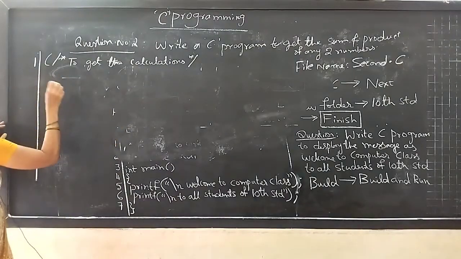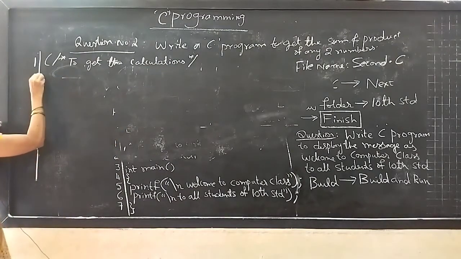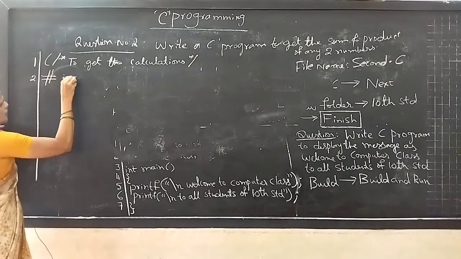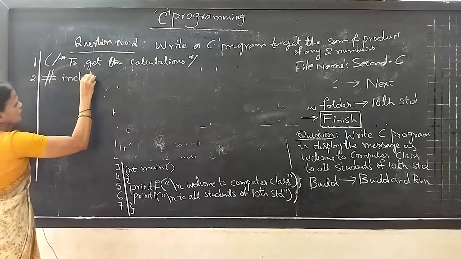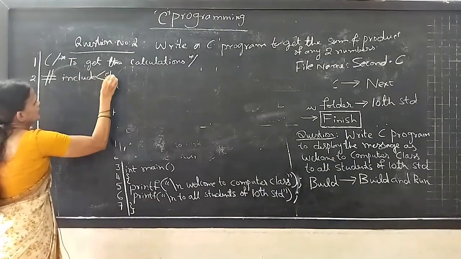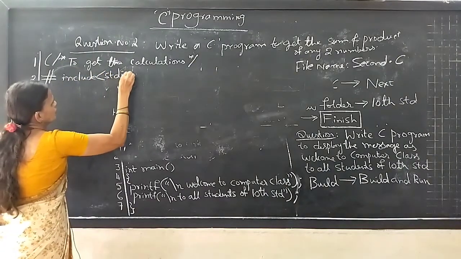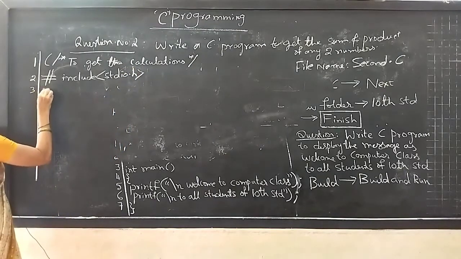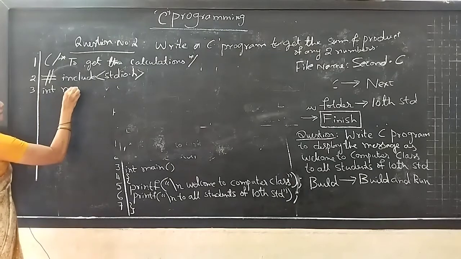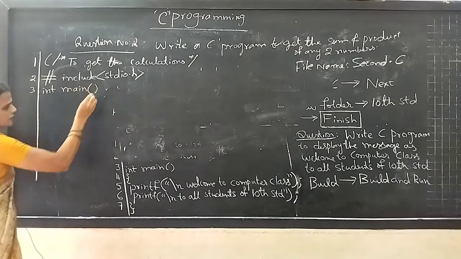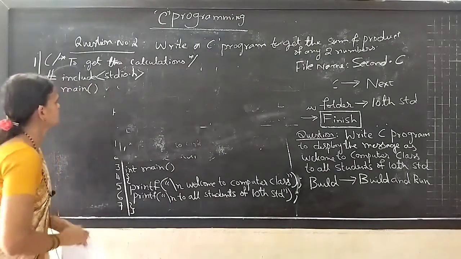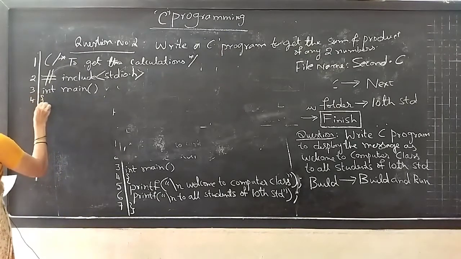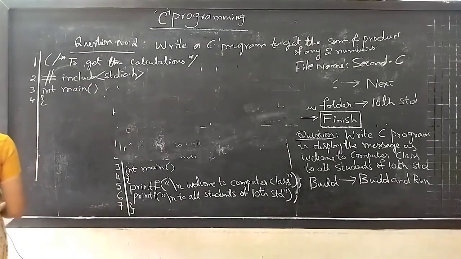Then the actual program starts from here: hash include stdio.h, third is int main. Then the fourth line you have to start with the open flower bracket.